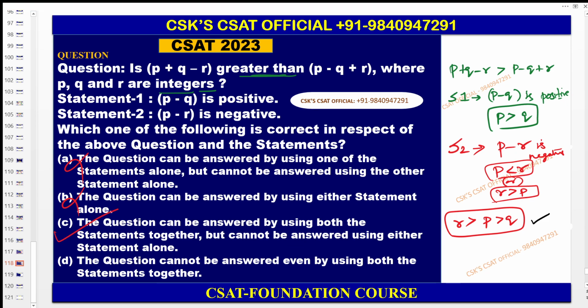Now the answer is C: this question can be answered by using both the statements together, but cannot be answered using either of the statements alone. Understood? Fine. Anybody having a doubt can ask quickly.